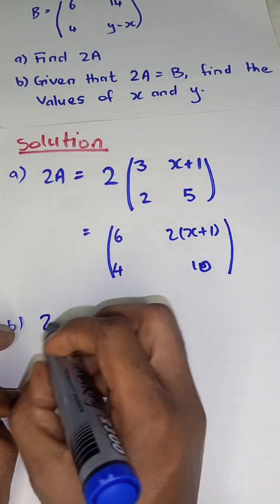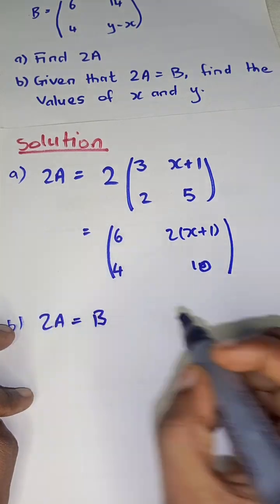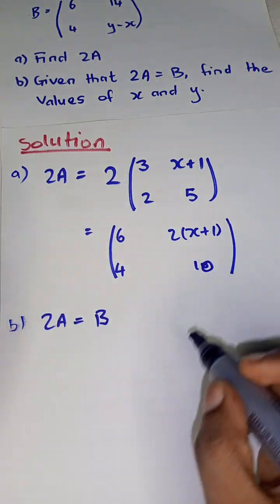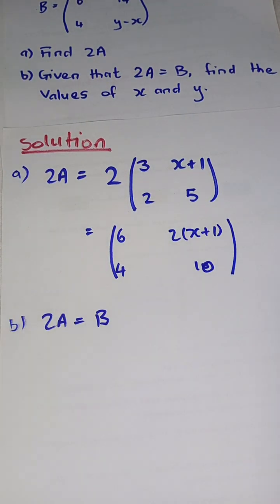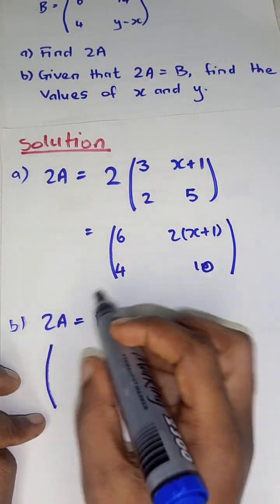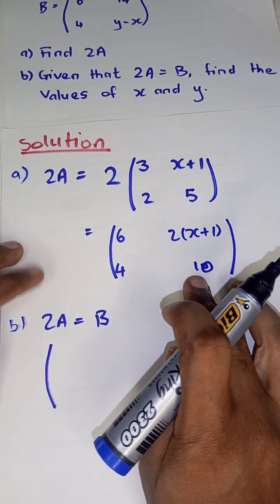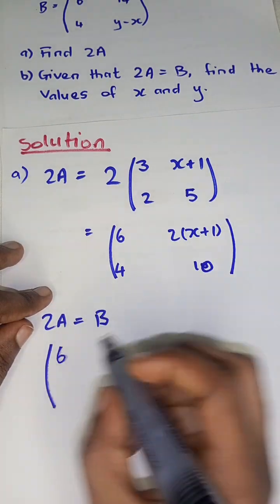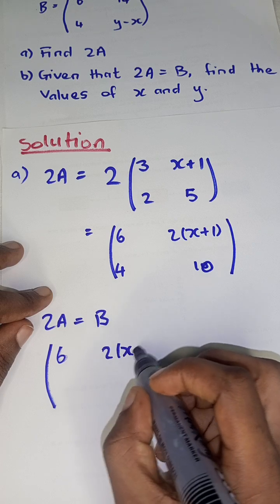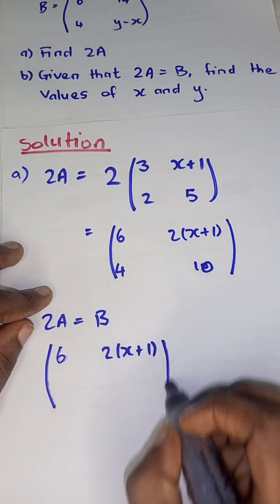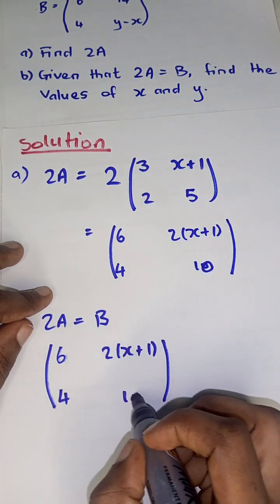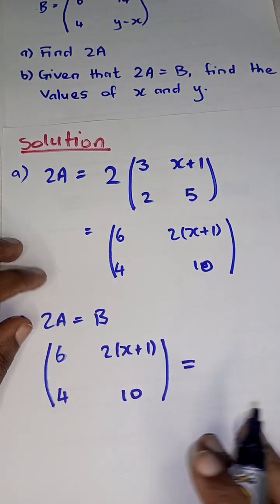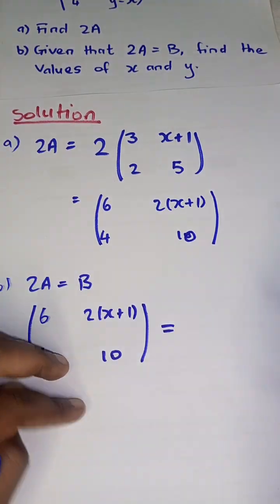We've been given that 2A is equal to B, so we write out the two matrices and see how we equate their components. 2A is the answer we got from the first part, so you definitely have to get the first answer right, because that's the answer you will eventually be using to solve the B part of the question.